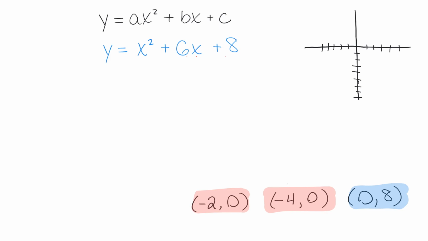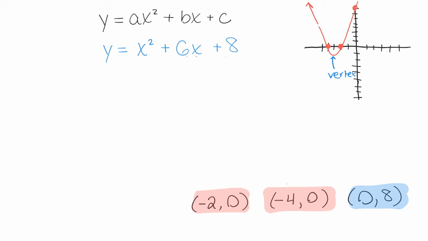What I know right now is I've got an x-intercept at -2 and an x-intercept at -4, and my y-intercept's way up here at 8. So if I sketch this, I know it's going to do something like this. So what I want to know now is, what is this vertex?